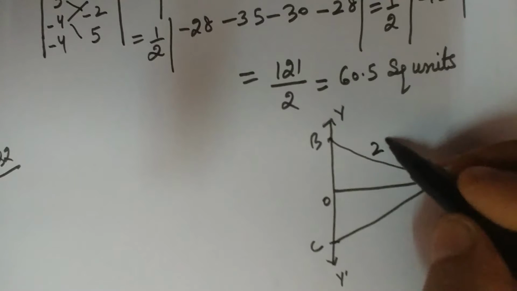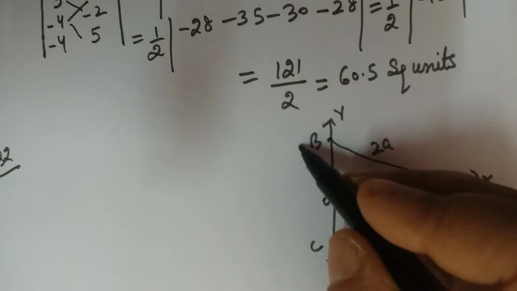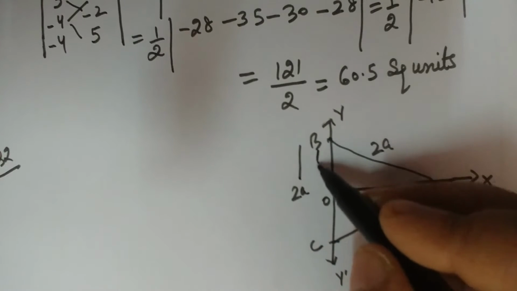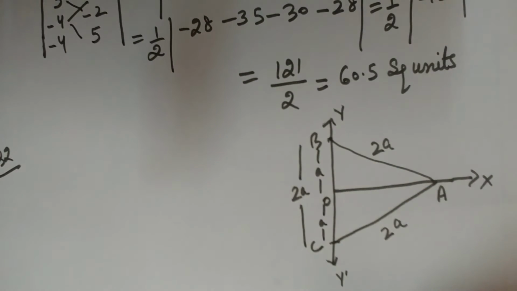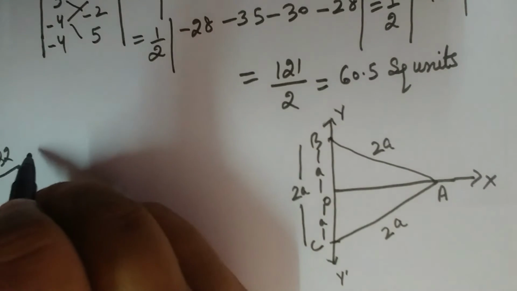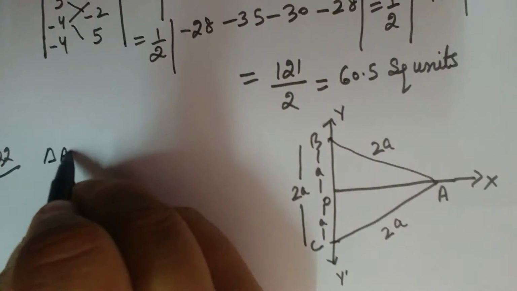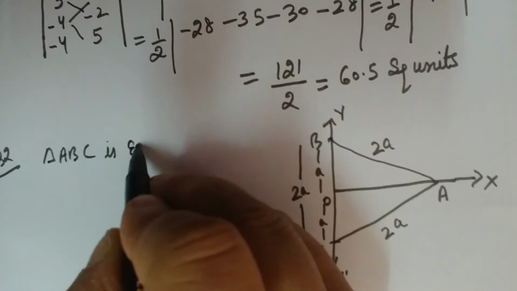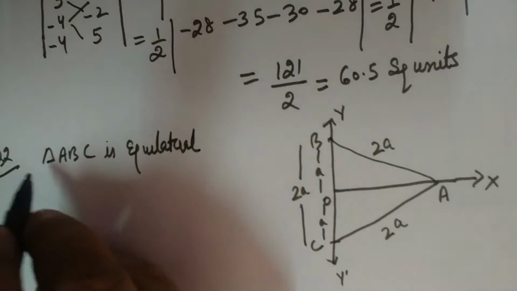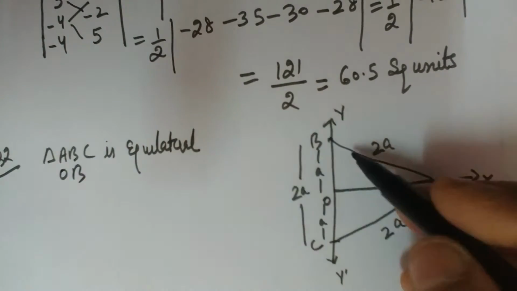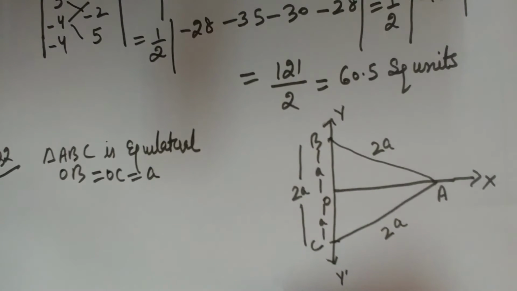And the sides are 2A, so this complete length is 2A, this is also 2A and this complete is 2A, so means this portion will be A and this will also be A, right? So because this is an equilateral triangle, ABC is equilateral, right? So that means this distance OB is equal to OC is equal to A, right?